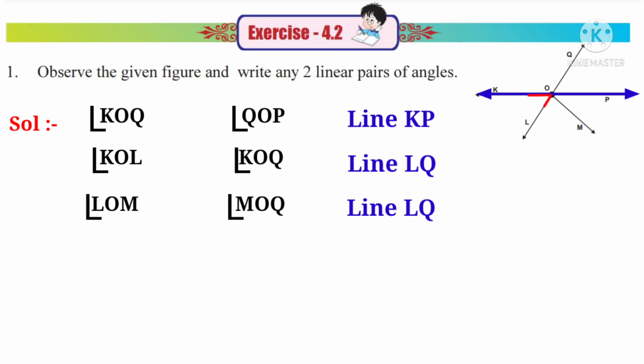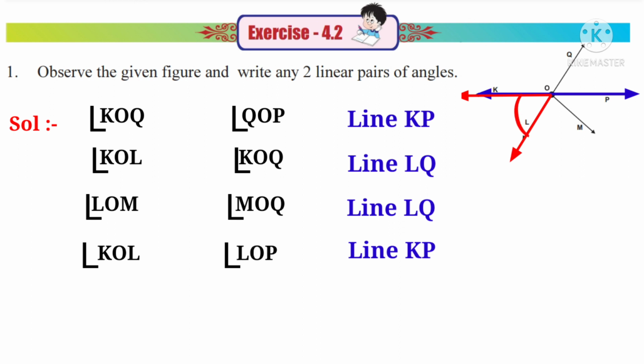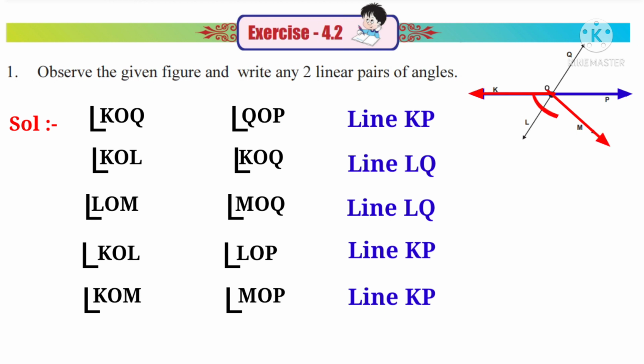Now on the line KP, angle KOL and angle LOP are adjacent angles and lie on the same line KP, so they also form a linear pair of angles. Now on the line KP, angle KOM and angle MOP are adjacent angles and lie on the same line KP, so they also form a linear pair of angles.